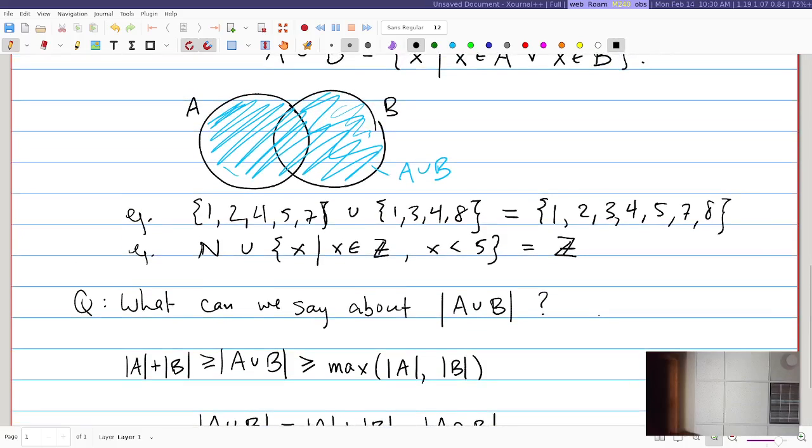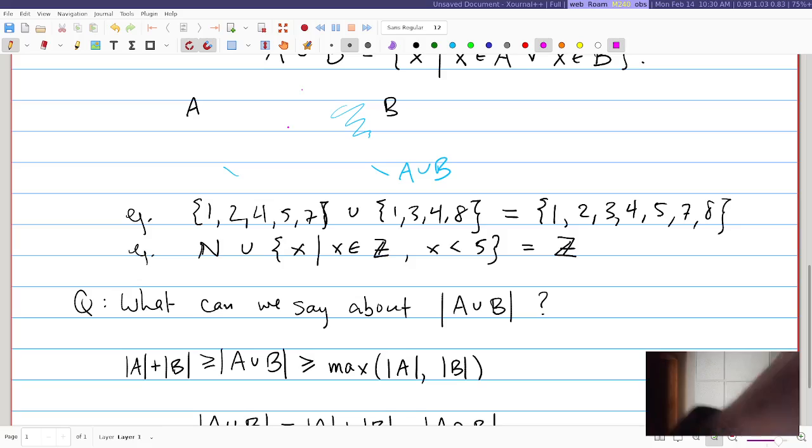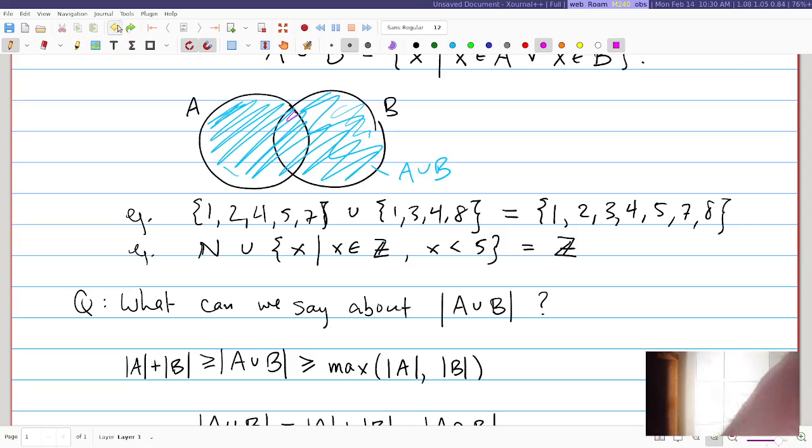Well, if I add the size of A plus the size of B, then I'm going to count this area twice, because I counted it once when it was part of A and once when it was part of B. I don't want to count it twice, I only want to count it once. So if I subtract it once, now I've only counted it once.